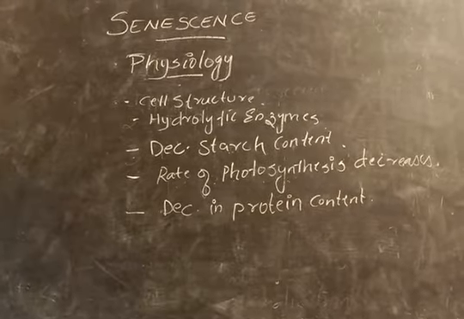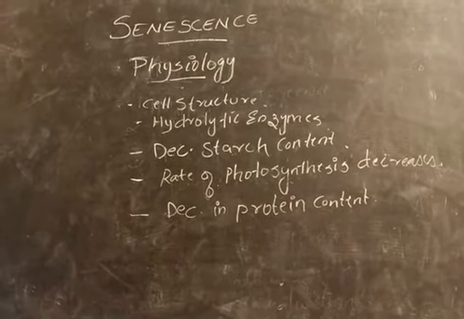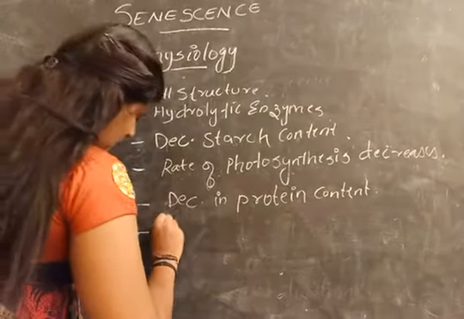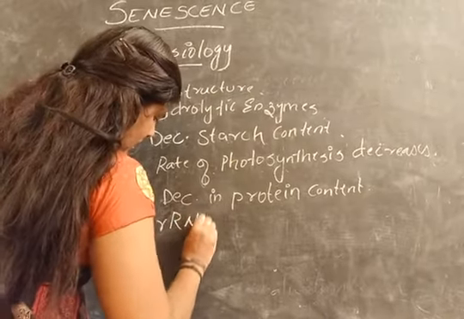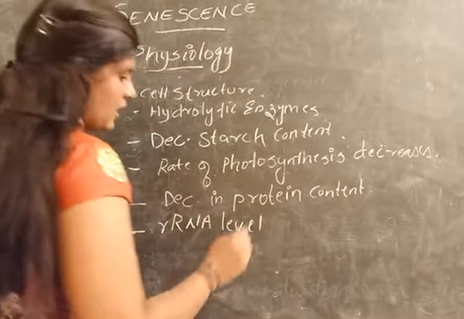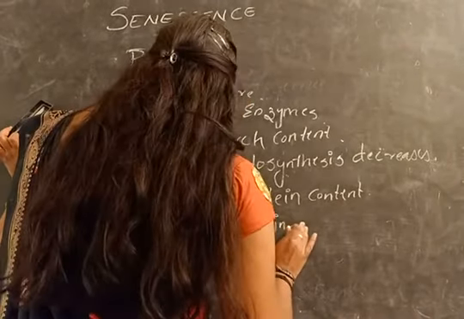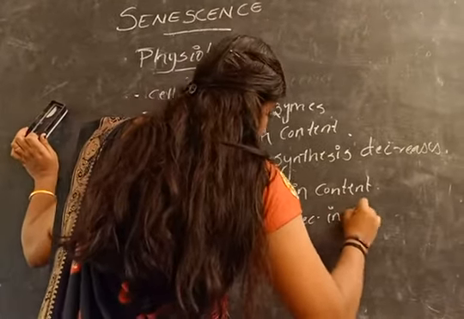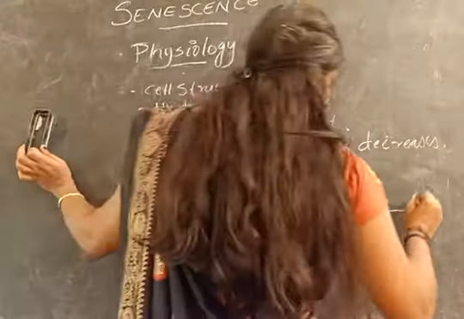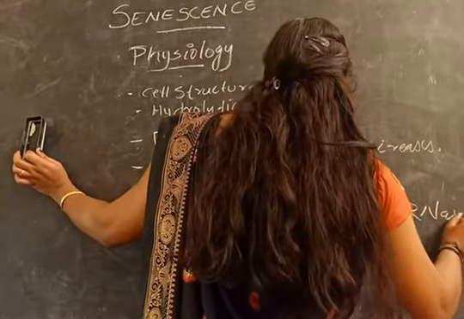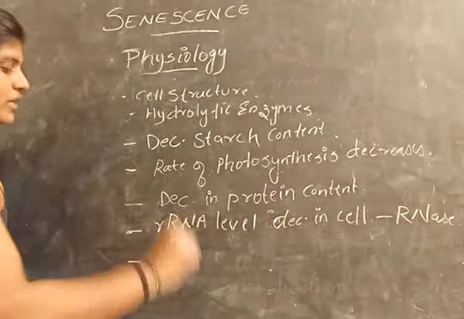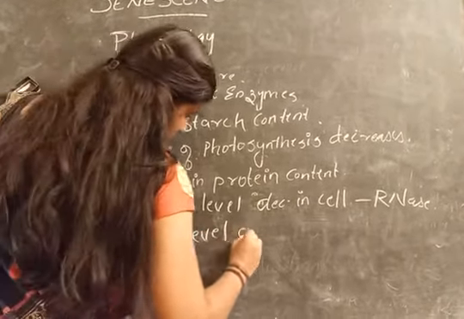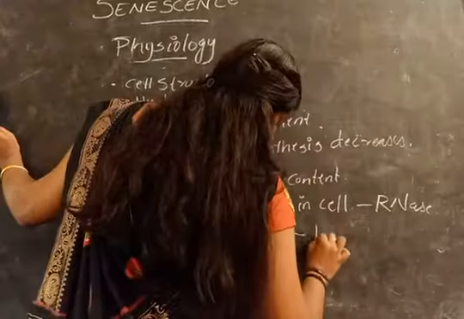And also, due to the activity of RNase, the ribosomal RNA level is decreased in the cell. Just like that, due to the activity of DNase, the DNA level also decreases.